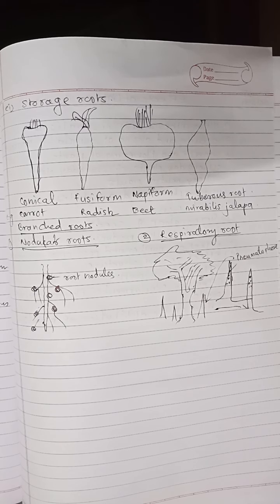But the roots of some plants growing in saline places or marshes, that is mangrove plants, suffer from lack of oxygen due to the waterlogged condition of the soil. Means soil having a large amount of water, these are called waterlogged conditions or saline marshes.